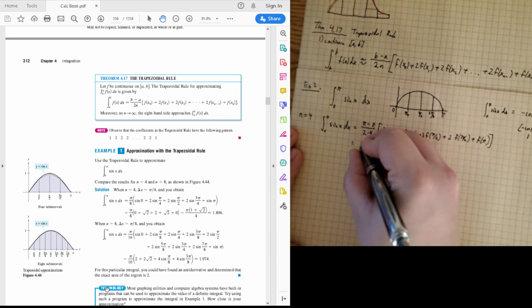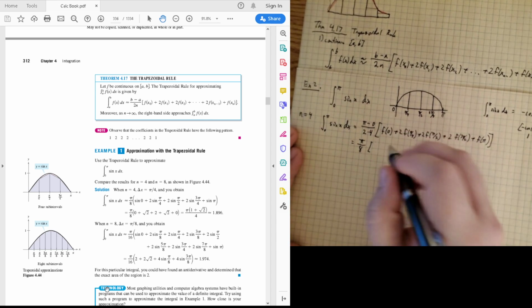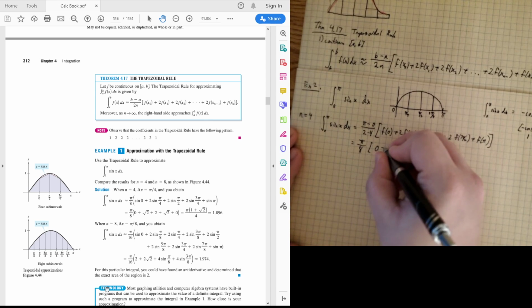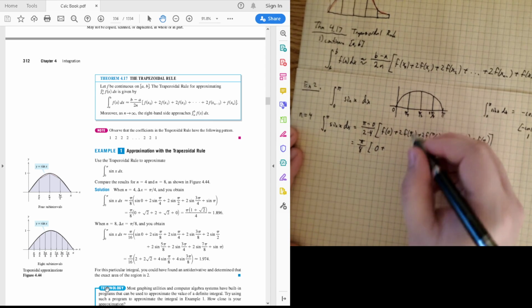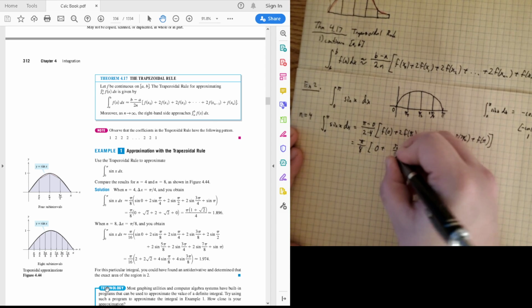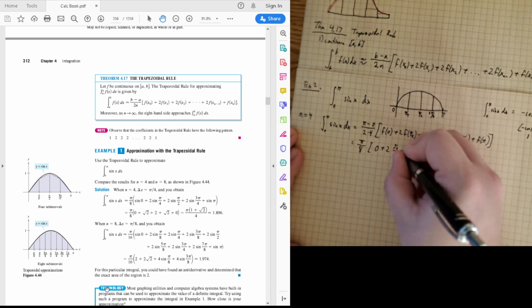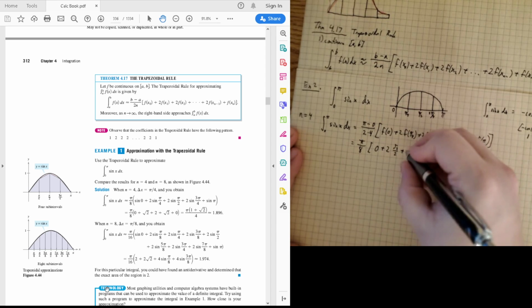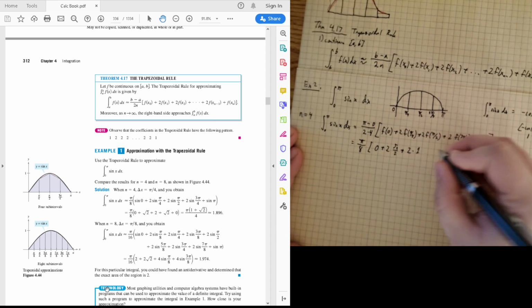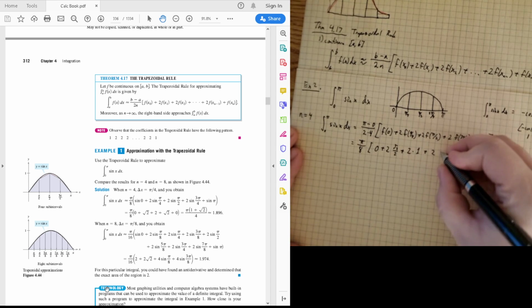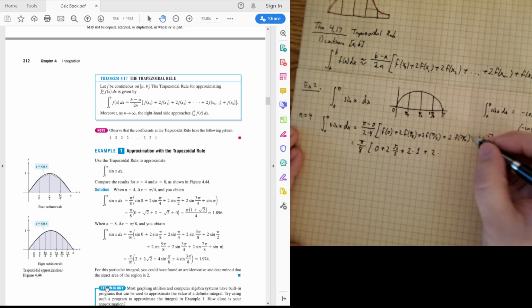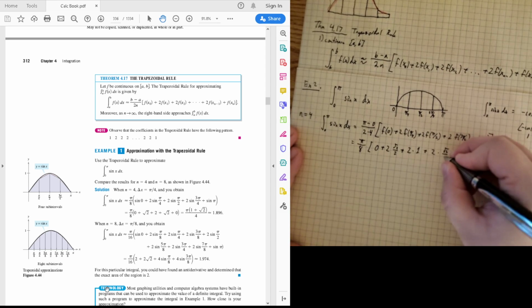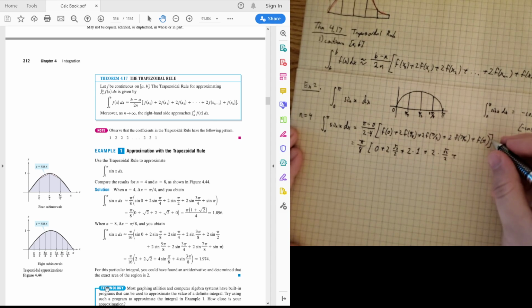Pi minus 0 is pi. 2 times 4 is 8. Sine of 0 is 0. Sine of pi over 4 is square root 2 over 2 times 2, plus sine of pi over 2 is 1, so that'd be 2 times 1, plus 2 times sine of 3 pi over 4, which is square root 2 over 2 again, plus sine of pi, which is 0.